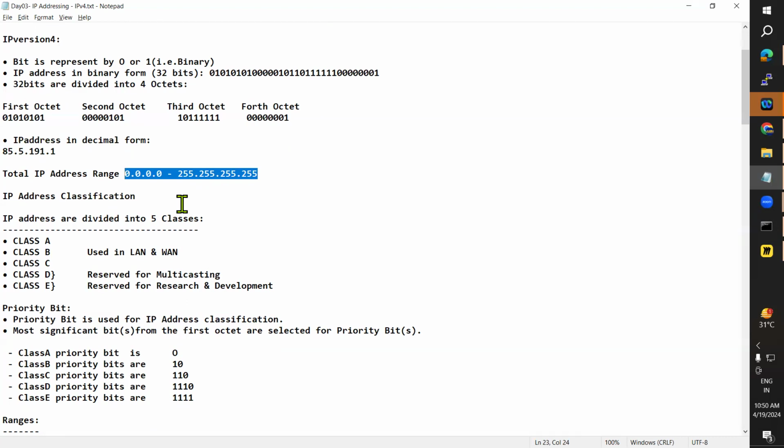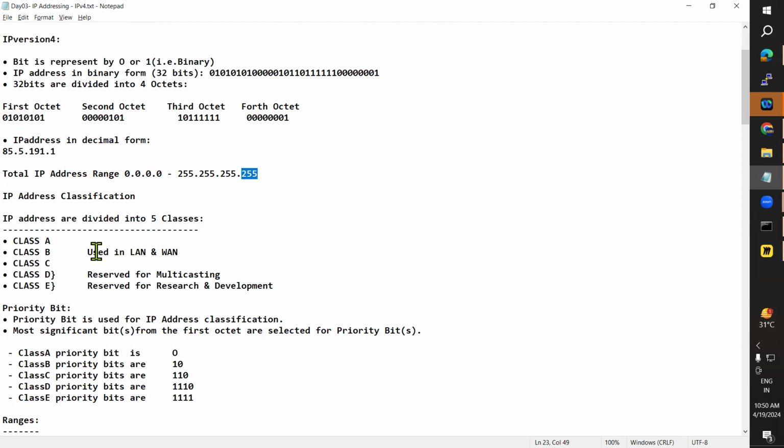In between numbers, in between the range 0 to 255, we can find the IP addresses. Each octet takes numbers between 0 and 255.